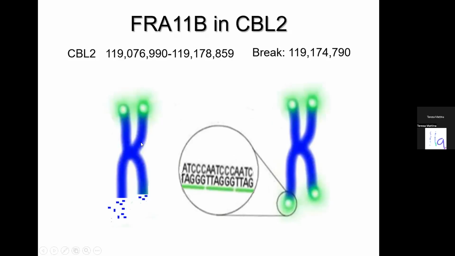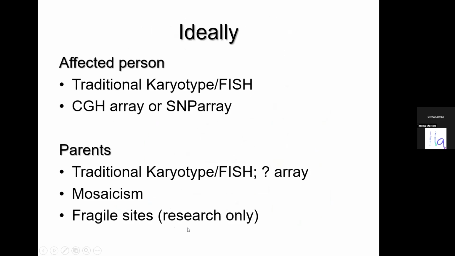So the breakpoint is not at the point of the fragile site, but higher up, and maybe in different sites of the chromosome. So ideally, the affected person should have a traditional karyotype and FISH and array CGH or SNP array, and parents, traditional karyotype and FISH, sometimes array, to search for mosaicism.